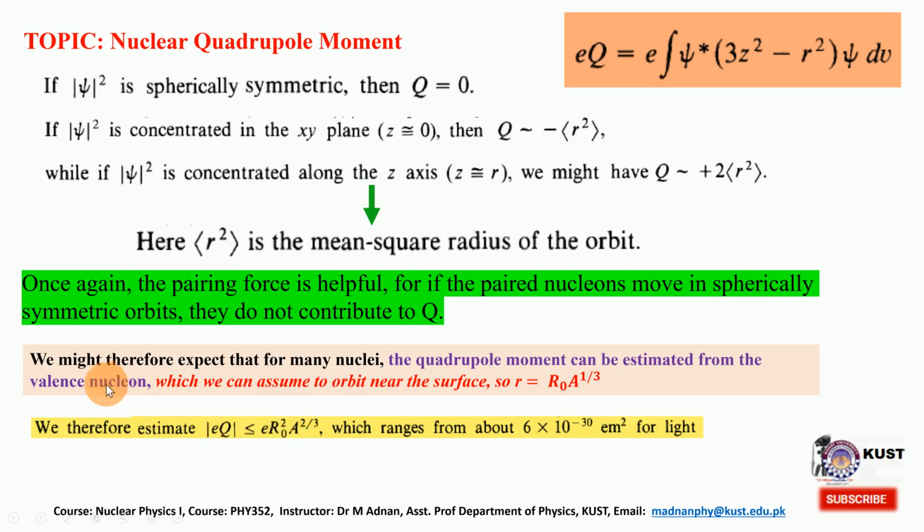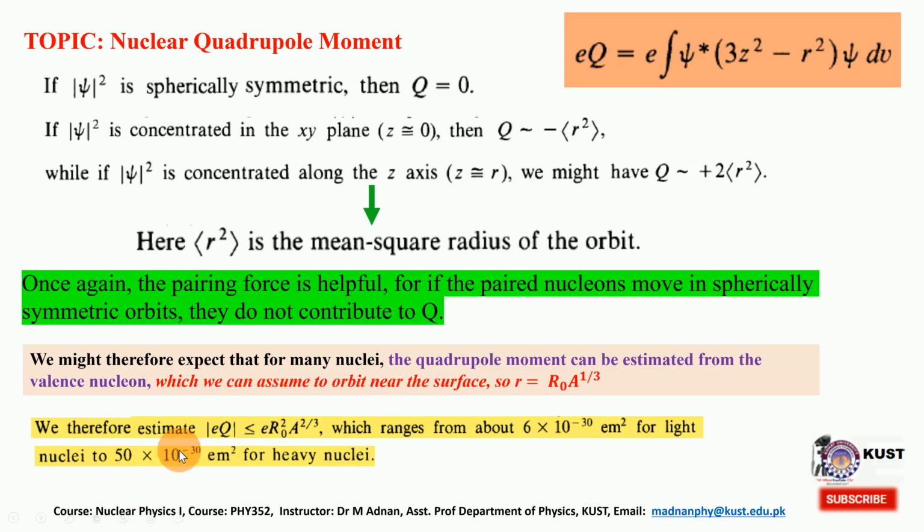For the valence nucleons we put, instead of r, this r naught A to the power 1/3, and since this is squared, it becomes r naught squared A to the power 2/3, which ranges from about 6 times 10 to the power minus 30 e meter squared for light nuclei to 50 for heavy nuclei. This number we will be discussing for measuring the nuclear cross section.